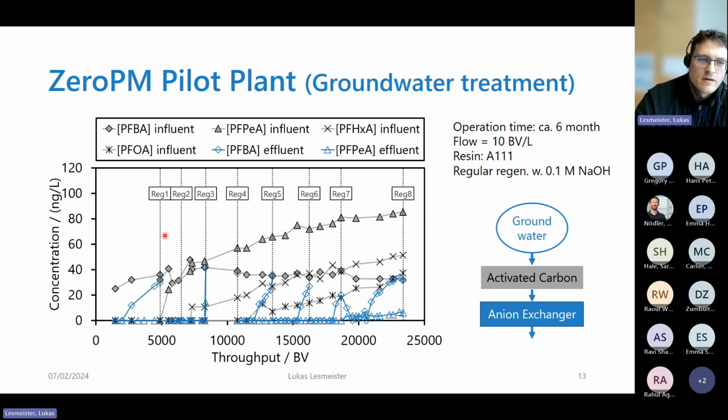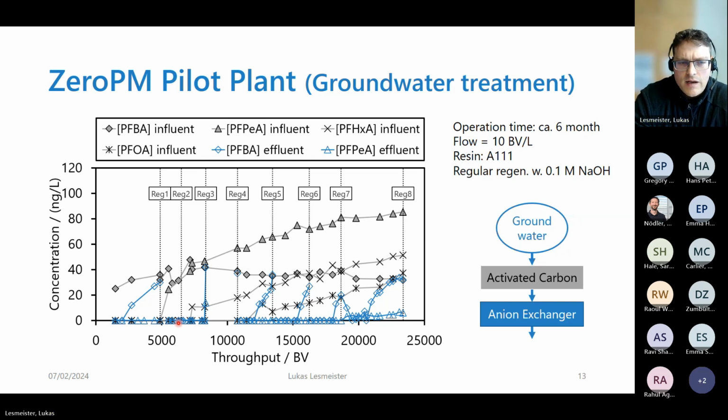And we see that when we regenerate on a regular basis, we can bring this concentration down to below the limit of quantification. If we do this early enough, as we see in regeneration 2, then we can also keep the concentrations below the limit of quantification basically all the time.